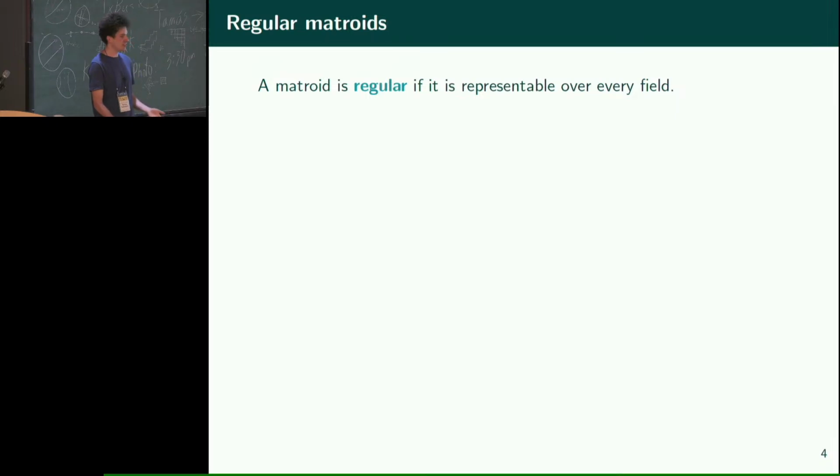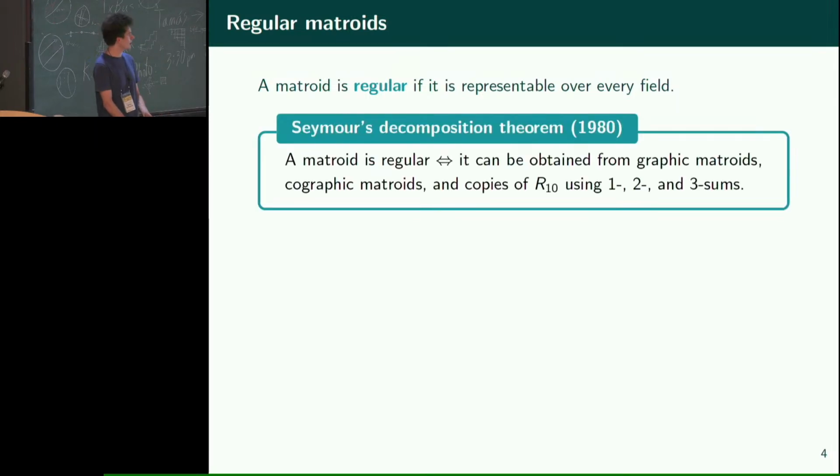So something is true for graphic and co-graphic matroids, so how to prove it for regular matroids? The natural idea is that we know that regular matroids can be built from these building blocks. More precisely, a regular matroid can be obtained from graphic matroids, co-graphic matroids, and a specific matroid called R10, using matroid operations: 1, 2, and 3-sums.